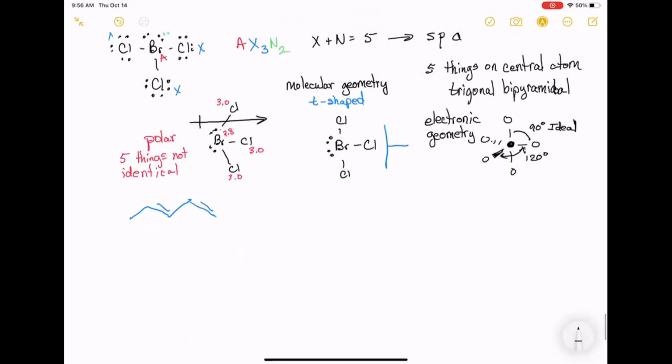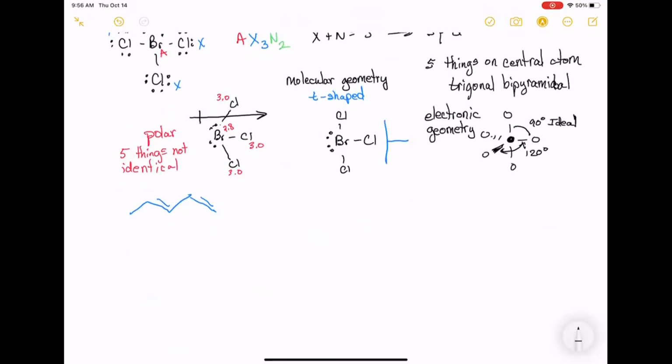Okay, the next thing I want to do, this last one, I'm not actually going to do all of these details with. I wanted to take what is considered to be a structural formula and help you understand what it means.